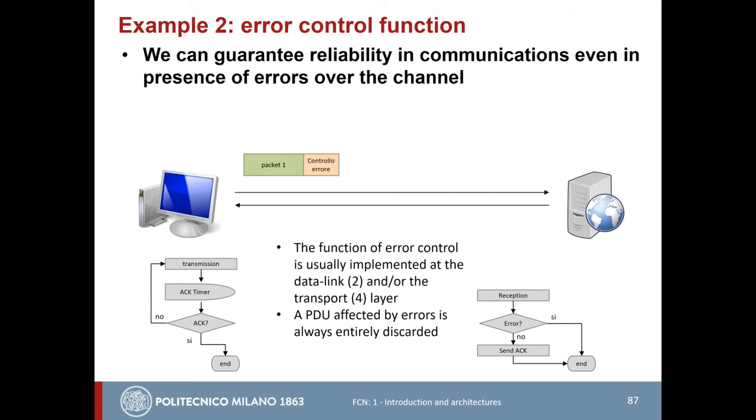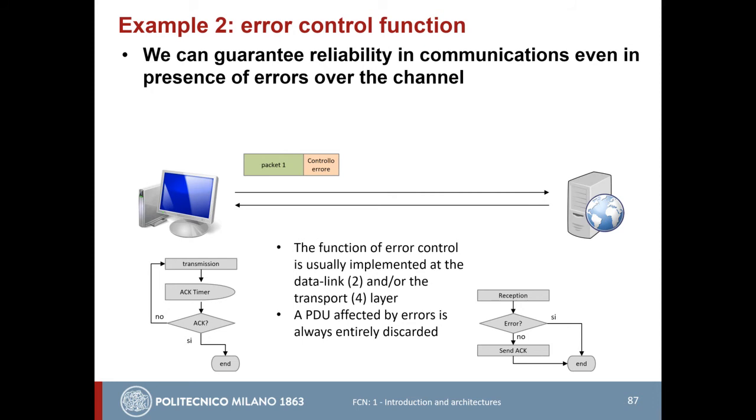So you have to introduce functions that are able to cope with and solve the problem of errors that occurred during transmission. This is the error control, and it can guarantee reliability of communication to the applications even when the network below, at the physical layer for example, introduces errors.